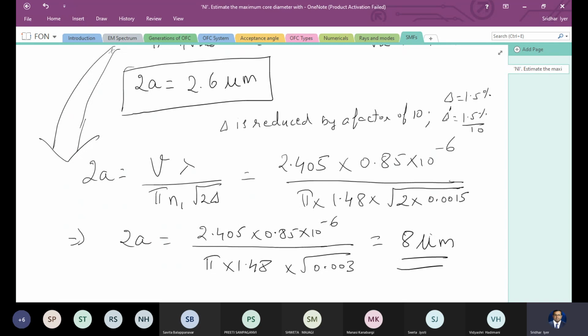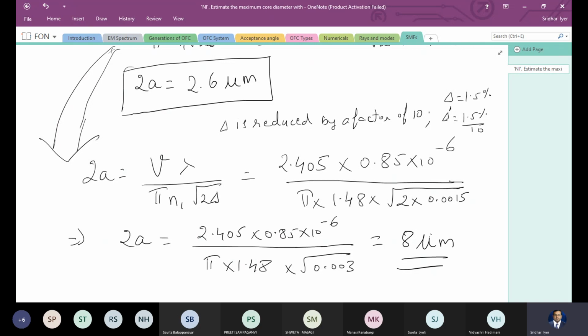Okay, so when delta was 1.5%, when the index difference was 1.5%, the core diameter was 2.6 micrometer. When you reduced it by a factor of 10, the core diameter has increased to 8 micrometer, right?